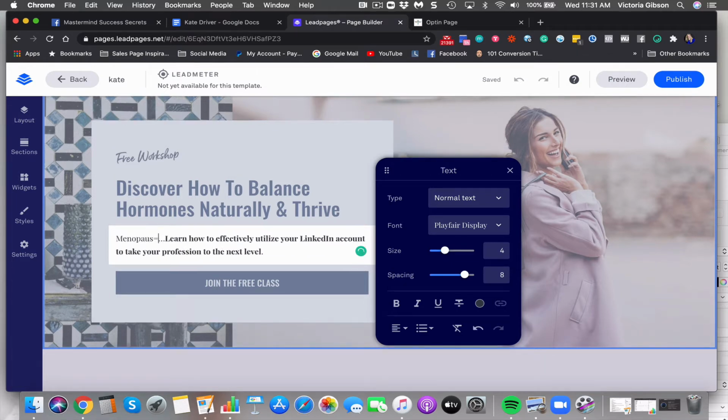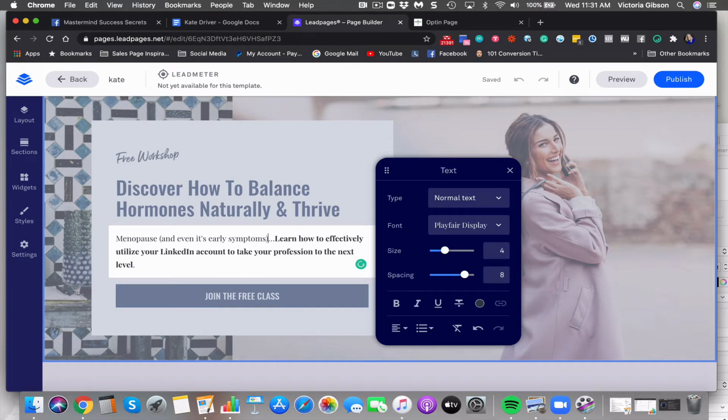Menopause and even its early stages and early symptoms, so then we're going to catch both of them, right? Don't have to be so hard.